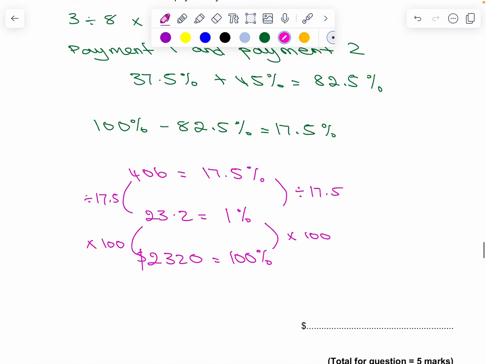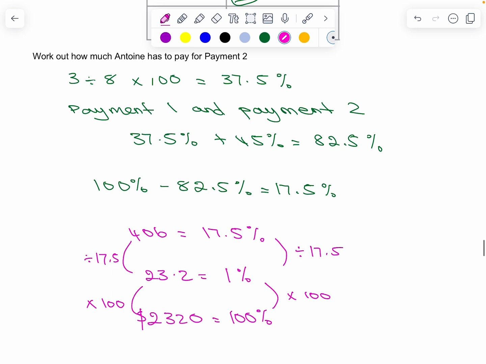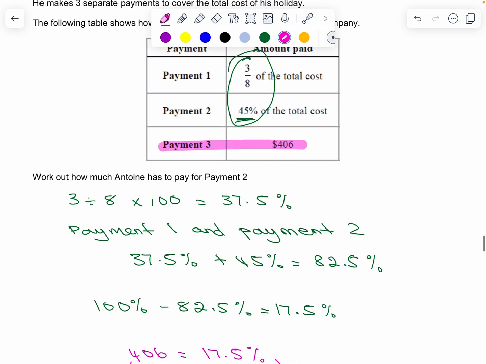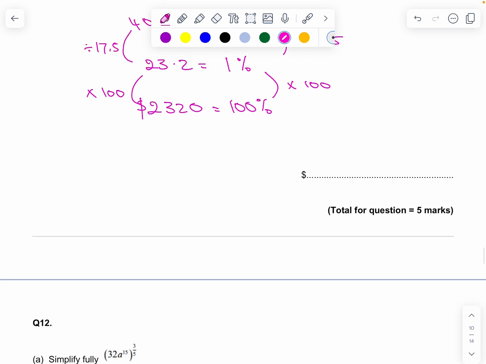Okay. So finally, we haven't finished. They want us to work out how much Anton had to pay for payment 2. So remember, payment 2 is 45% of the total cost. So we need to find 45%, which is 0.45 as a decimal, of 2,320.